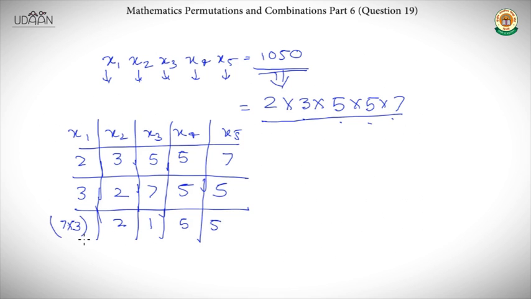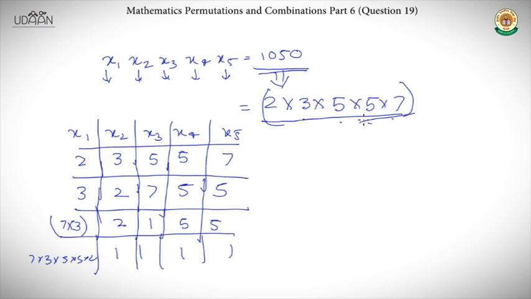And counting each and every case like this is very tedious, because there will be one case when we say 7 into 3 into 5 into 5 into 2 is x1, and the rest of them are all 1, 1, 1, 1. So basically we can include any number of the multiplications in a single group. Exactly. x1 can be any multiple of these prime factors. This is very tedious to do from this approach, so we have to find another approach.